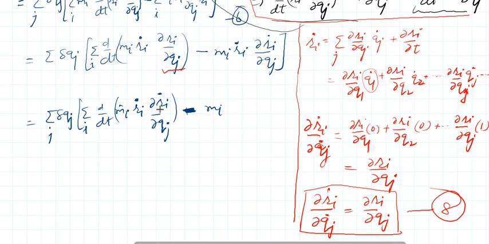Here I use Ṙi and q̇j: mi Ṙi · ∂Ṙi/∂qj. That's what I have to use here.